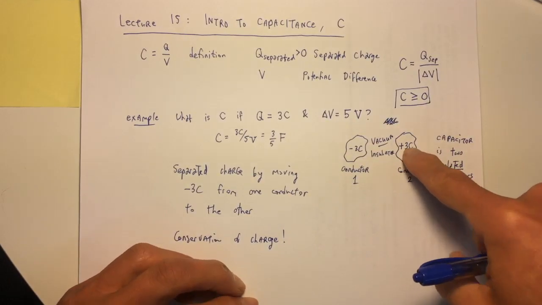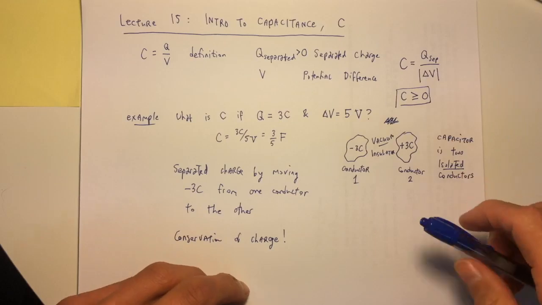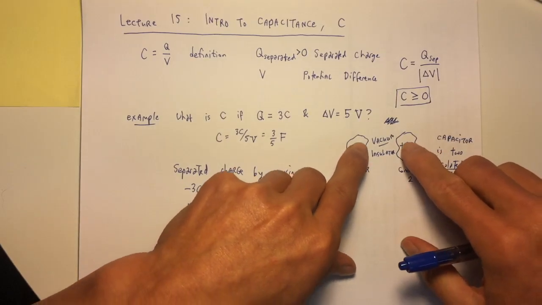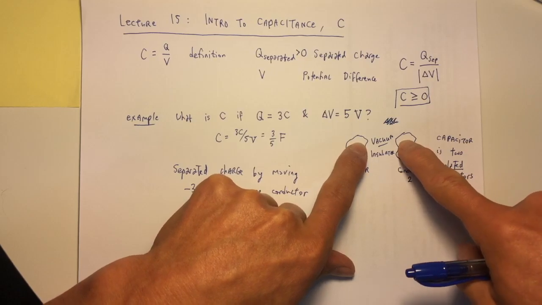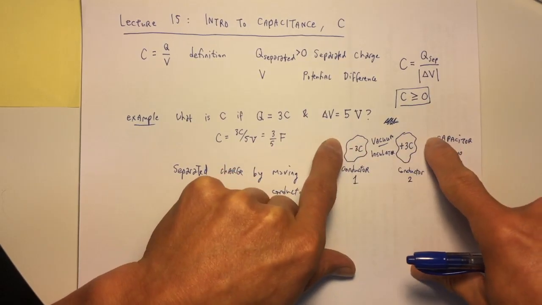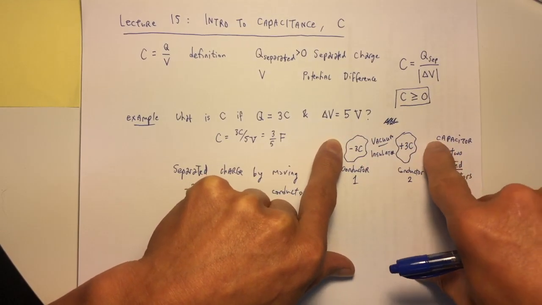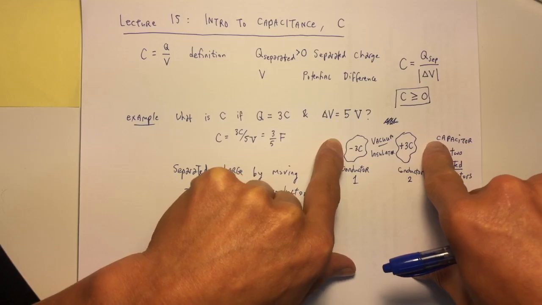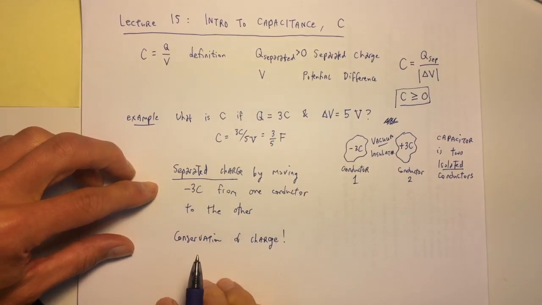If I remove it from here and put it there, I started off with no charge, so the net charge is 0, and after I separated the charge, the net charge is still 0. The total amount of net charge just didn't change from 0. So that's what's meant by separated charge.